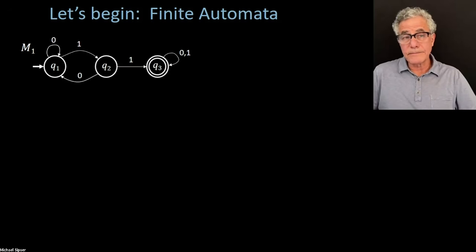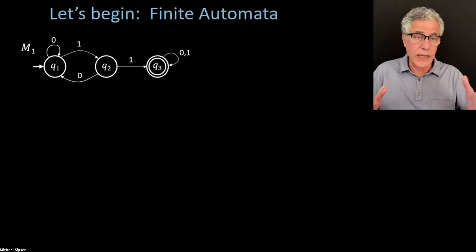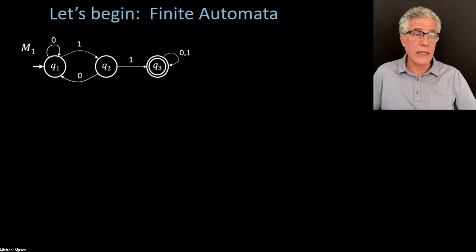And so we're going to look at several different kinds of models that vary in their capabilities and the way they approximate the real computers that we deal with every day. For starters, we're going to look at a very simple model called a finite automaton. You can think of it as representing a computer that has a very small amount of memory.